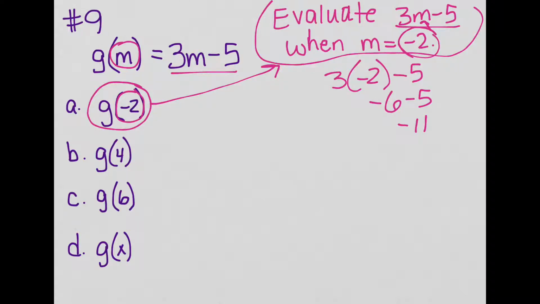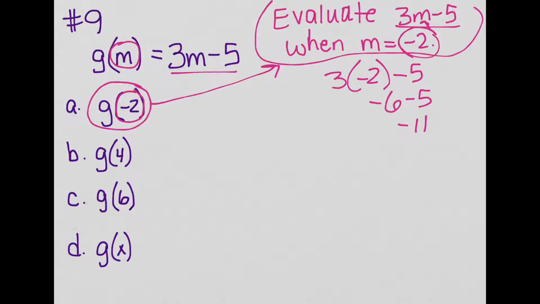Well, I've replaced that variable m with negative 2, so to figure out what it is, I substitute and I solve, and I got negative 11. That's what you do. So it's just a shorthand. It's an efficient way of giving us the same instructions that you've been seeing for years.